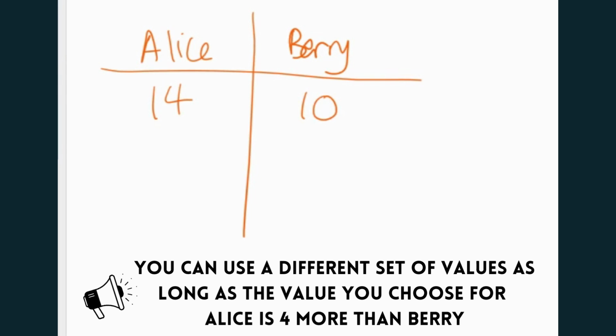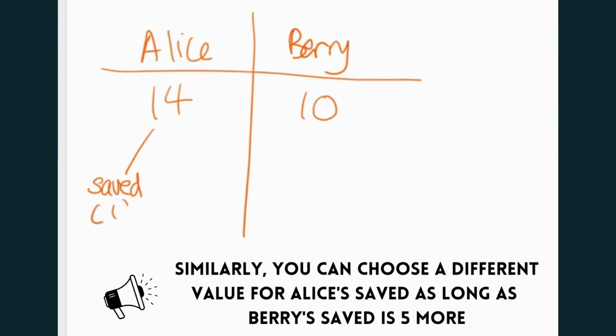Okay, so next on, we know that Barry saved 5 more tokens than Alice each day. So we're going to use another set of values that actually indicates that. So in this case, I'm going to say that Alice saved 1 token per day. And since Barry saved 5 more, Barry must have saved 6 tokens per day.